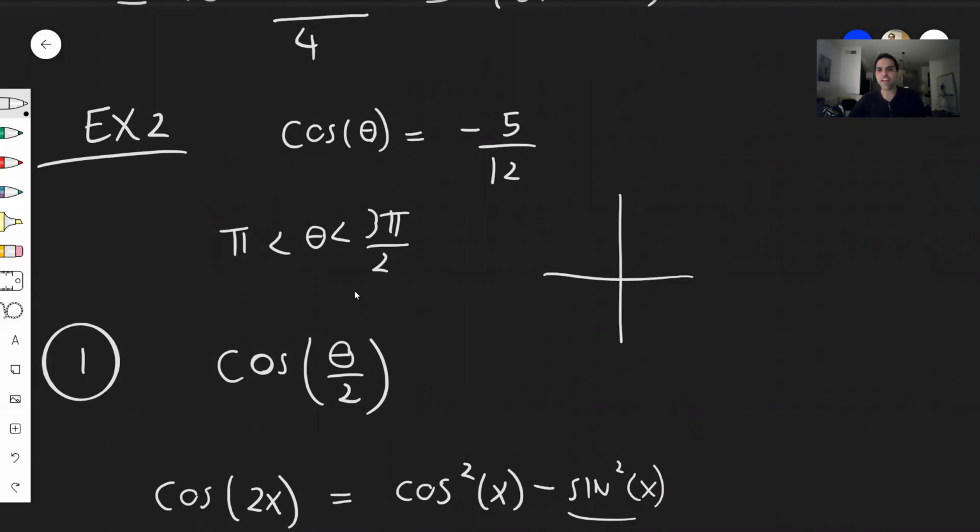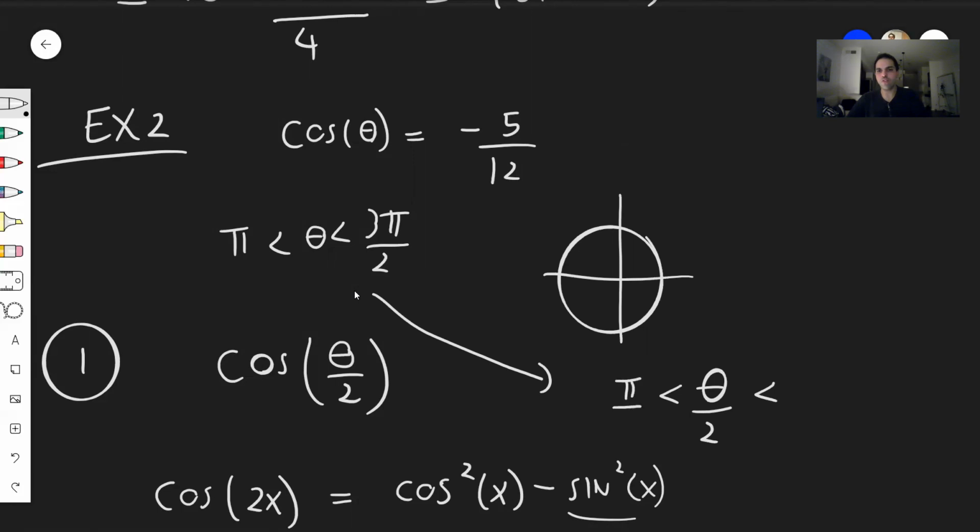So theta itself is in the third quadrant, but careful, we don't want theta, we want theta over 2. So theta over 2 is between pi over 2 and 3 pi over 4. So you just have to be a little bit careful.